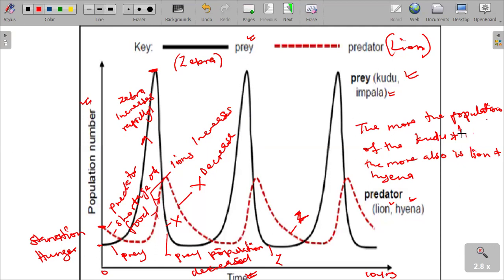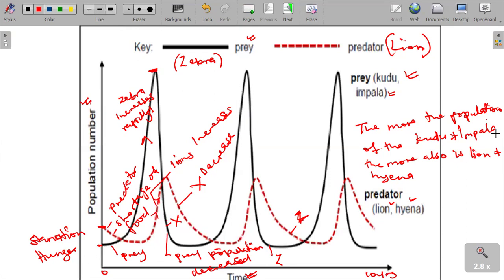So therefore, we can have a better ecosystem which can be sustainable, or which can continuously reproduce and exist.